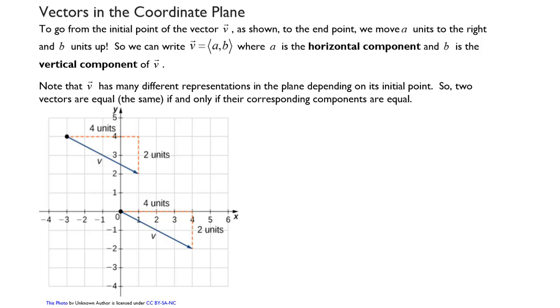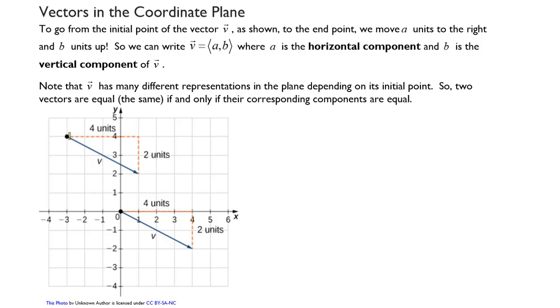We also need to note that the vector v has many different representations in the plane depending on its initial point. So two vectors are equal or the same if and only if their corresponding components are equal.